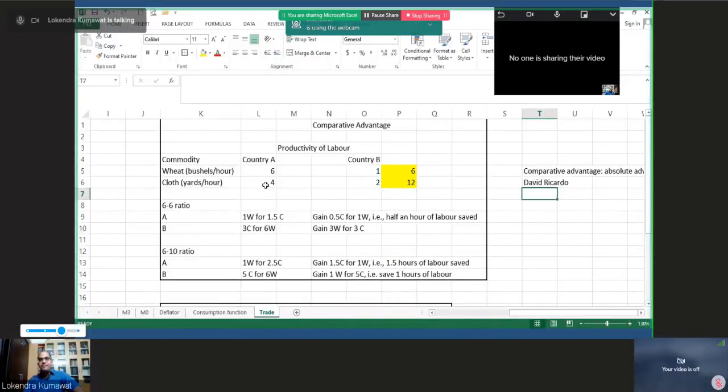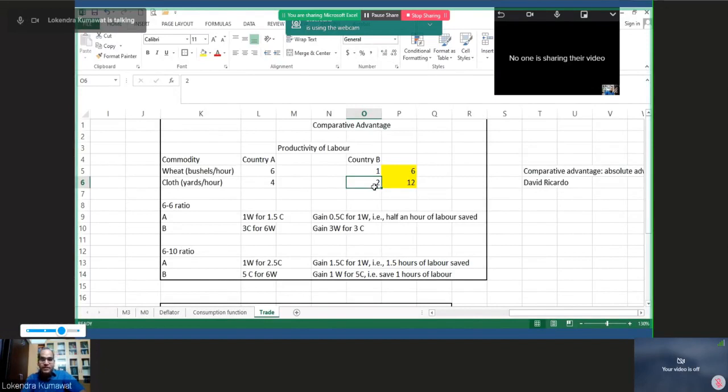Okay. So by exchanging 1 hour worth of wheat for 1.5 hours worth of cloth, country A is gaining half an hour worth of cloth. So it is saving country A half an hour of labor. Look at country B now. 6 units of cloth is equivalent to 3 hours of labor.